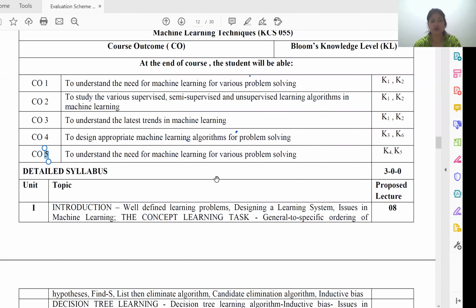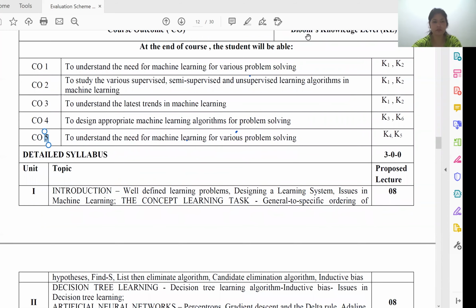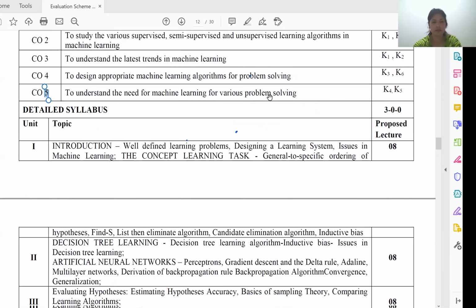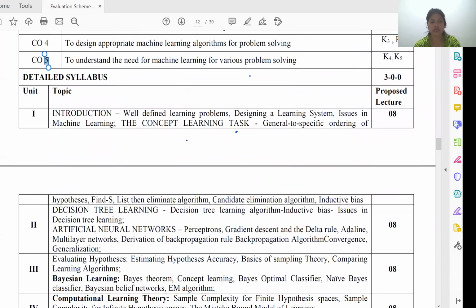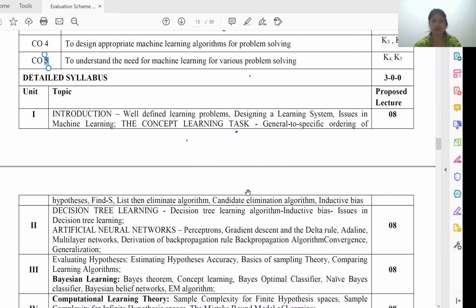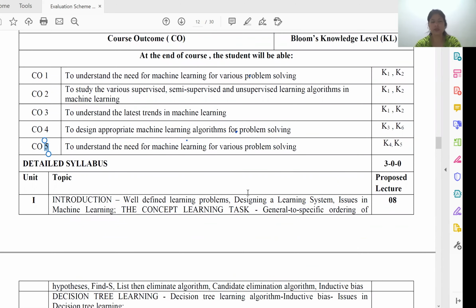Second, course outcome 2 is based on unit 2, which includes various machine learning algorithms like decision tree learning and artificial neural networks. After completing this unit, you will be able to study the various supervised, semi-supervised, unsupervised and reinforcement learning algorithms of machine learning.